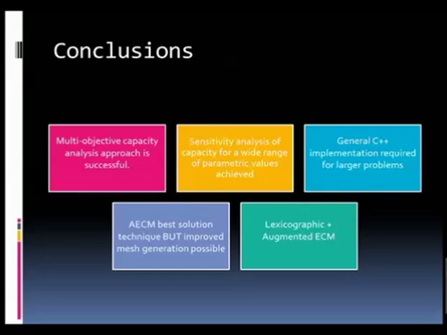There's still lots of opportunity to do more efficient mesh generation. And recently I've discovered lexicographic and augmented ECM. What they do is more of a pre-stage analysis which reduces the bounds of each objective function. So the lower bound and the upper bound gets shrunk. By doing that, your hypergrid can have more points because the grid's actually smaller.